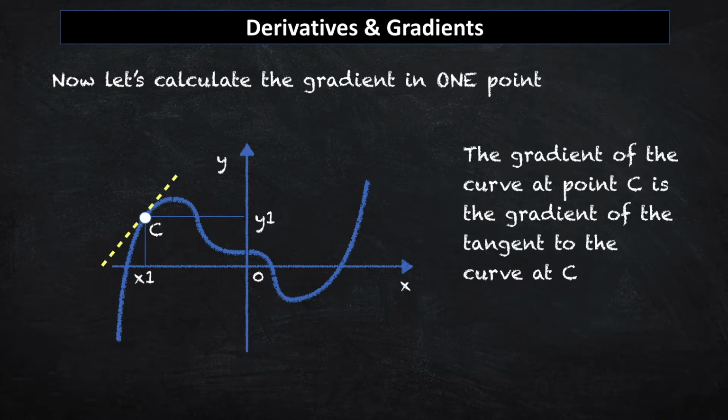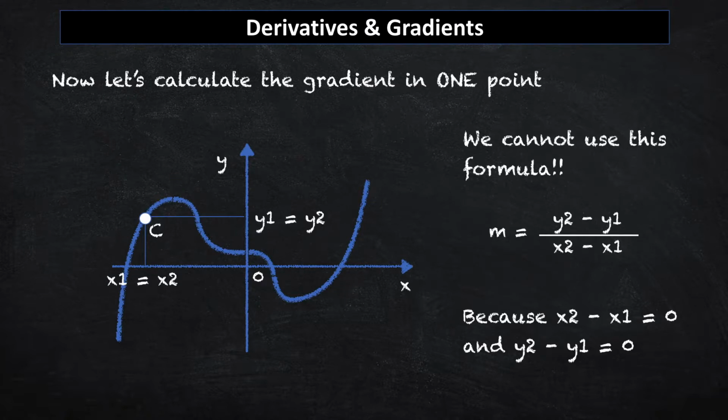Now, let's calculate the gradient not in an interval of x values, but in one point. For example, the point C, and I have also drawn the yellow line that is the tangent to the curve at the point C. The gradient of the curve at the point C is the gradient of the tangent to the curve at C. This is the definition.